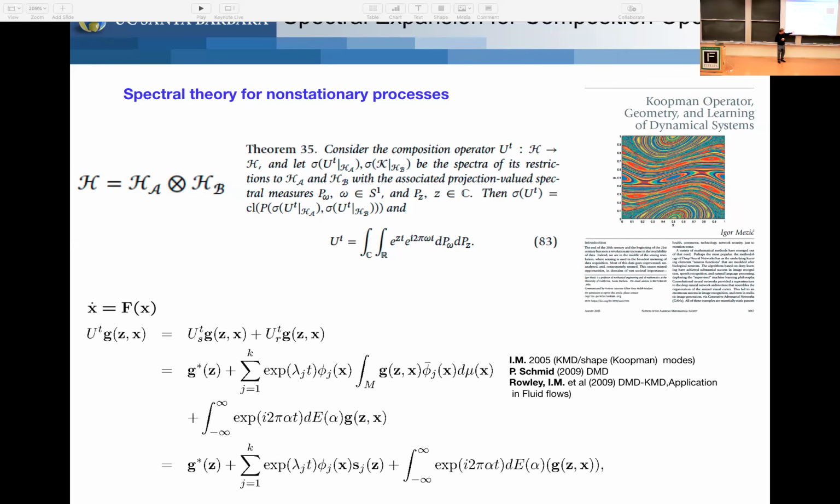But the Koopman mode decomposition, this is what was called in this 2005 paper: phi j's are eigenfunctions, lambda j's are eigenvalues, and s j's, I call them shape modes, but we call them later Koopman modes. And then Peter Schmid invented DMD in 2009, and then Clancy Rowley and myself and a few others connected DMD and KMD, this decomposition that appeared in 2005. In particular, we connected it to dynamic mode decomposition. So that's a brief history there.